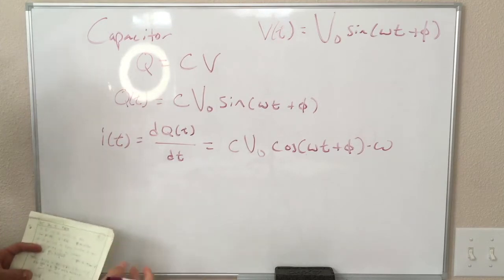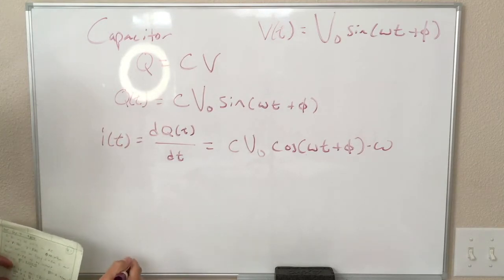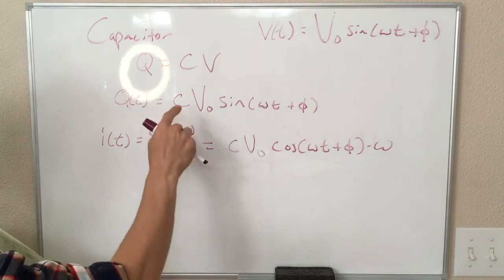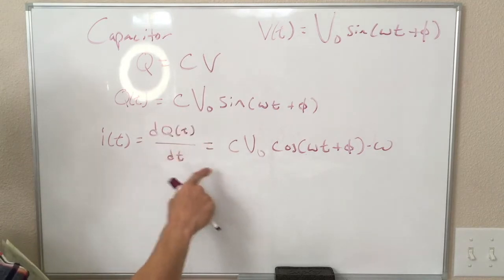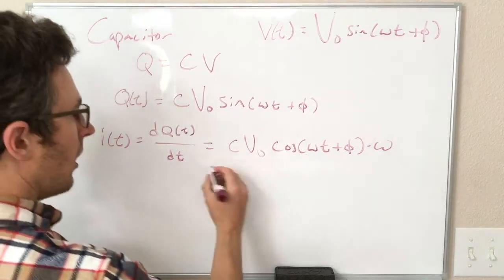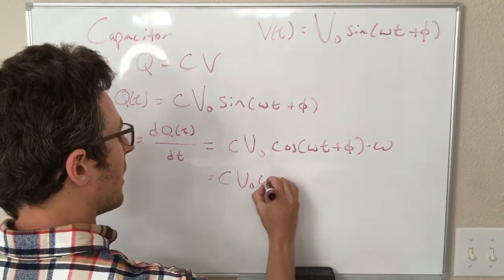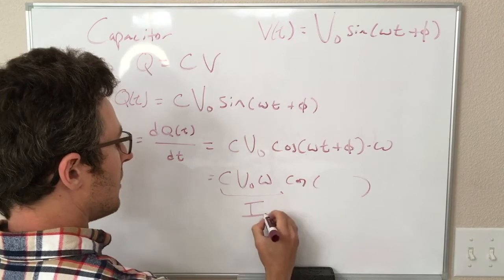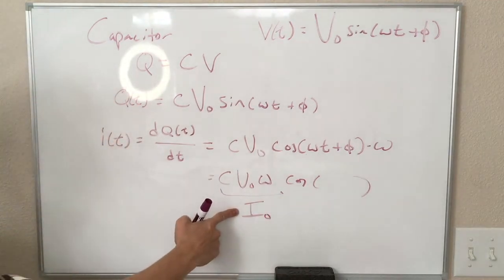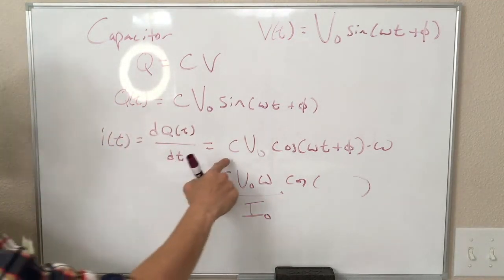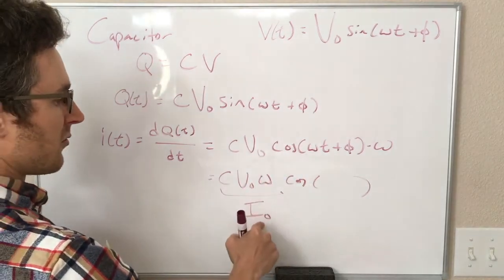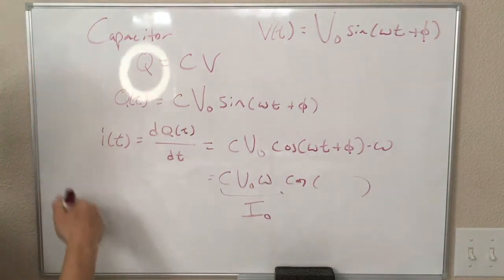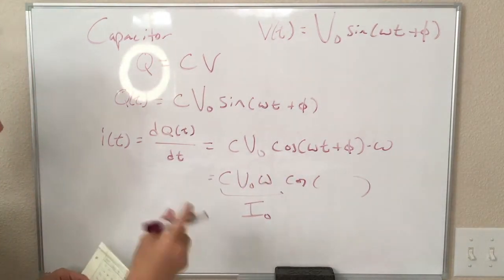Okay, kind of inspired by Ohm's law, we could write an equation that is a ratio of our maximum voltage to our maximum current. Remember now, C V naught omega times the cosine of stuff. This is like the amplitude of our current, right? I of t is some stuff times cosine, and that stuff is the amplitude of our I oscillation. So this is I0.